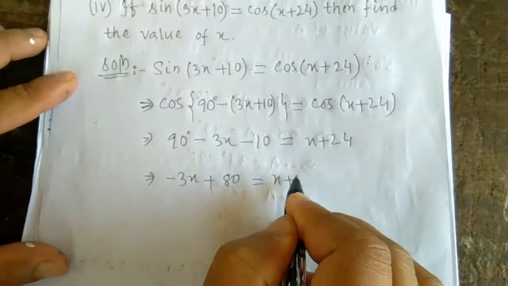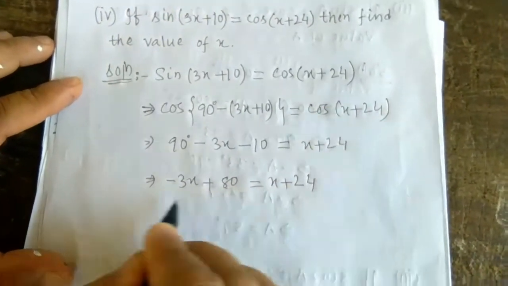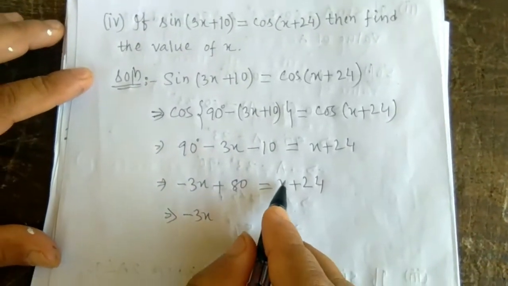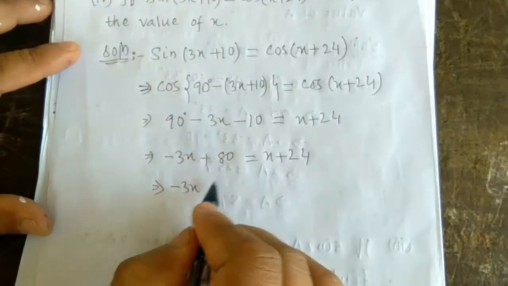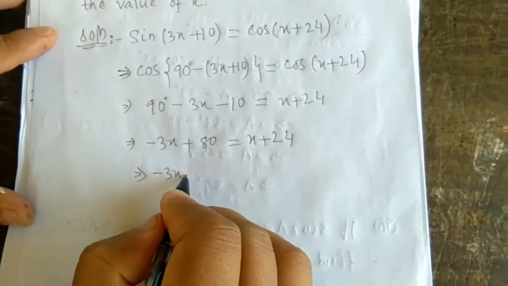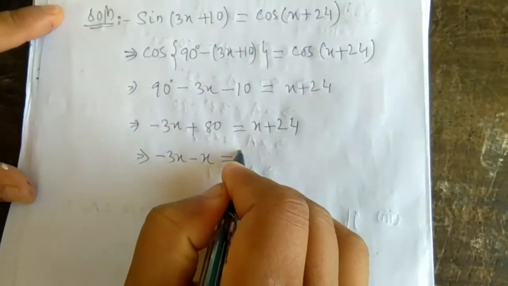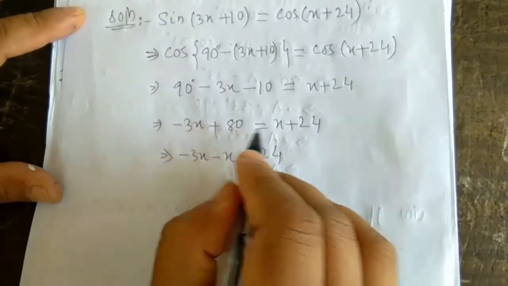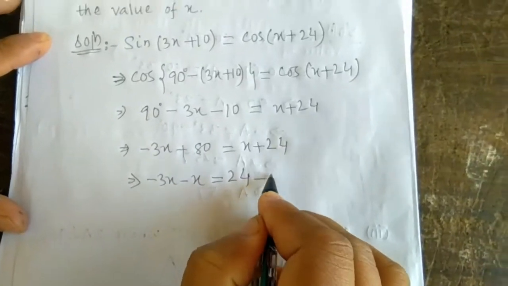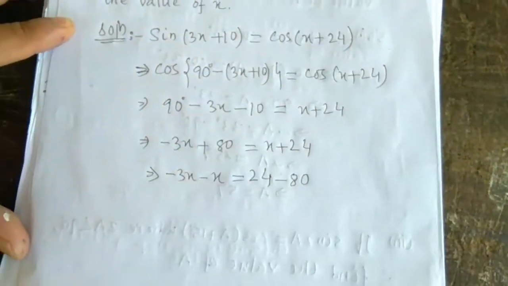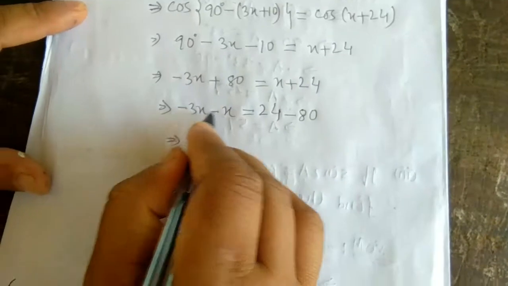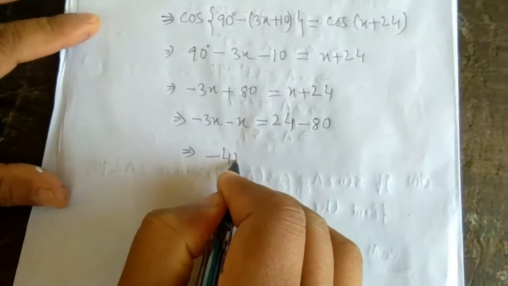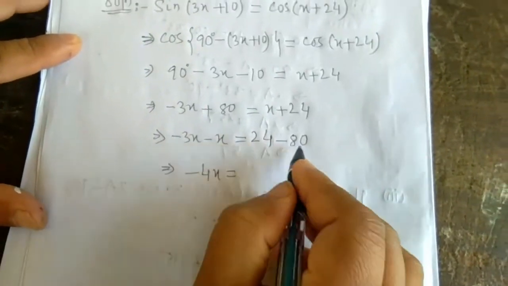Equals x plus 24, minus 3x. Bring this x to the left hand side, it is positive, if you bring it to the left hand side it will become negative. 24, 80 is plus on the left hand side, if you transfer to the right it will become minus. Okay, if both are negative we add: minus 3x minus 1x is minus 4x equals 80 minus 24.